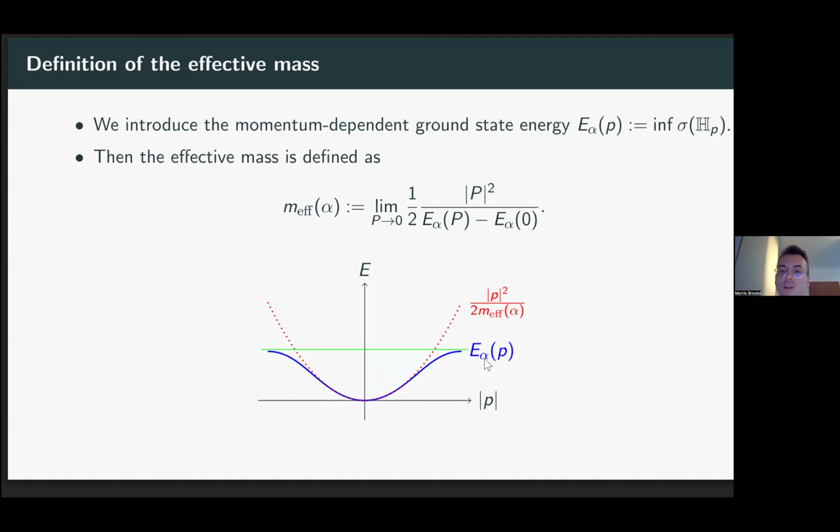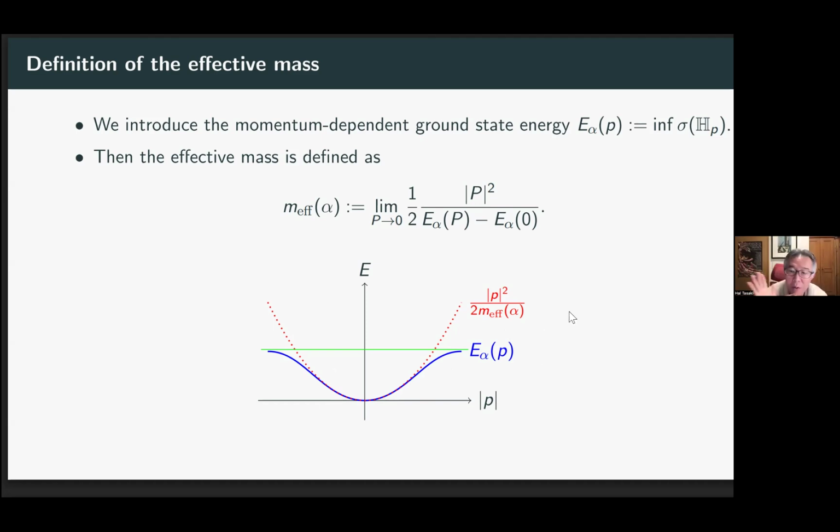But what you do is you take this energy as a function of P and you try to approximate the blue curve by the energy of a non-interacting particle. So the red curve is P squared divided by 2 times the effective mass. And you try to choose the effective mass in such a way that you have an optimal quadratic approximation of the blue curve around 0. So you just say you have the true energy momentum relation and you try to fit in a quadratic approximation. And this gives you the definition of the effective mass.